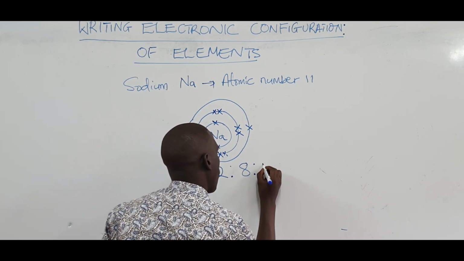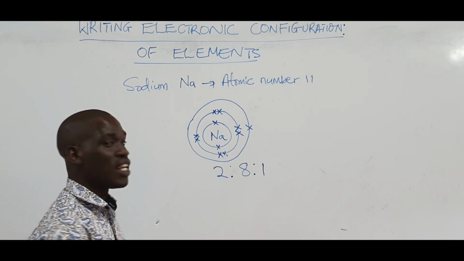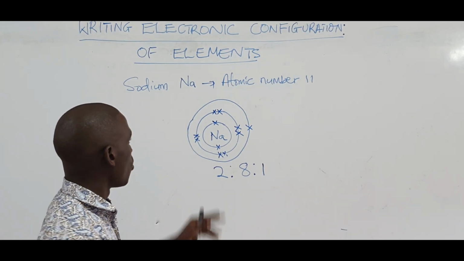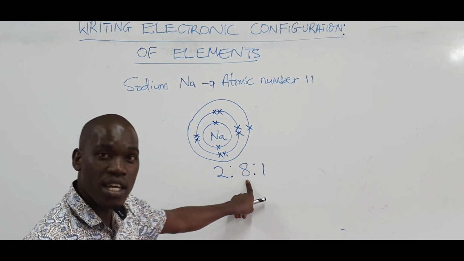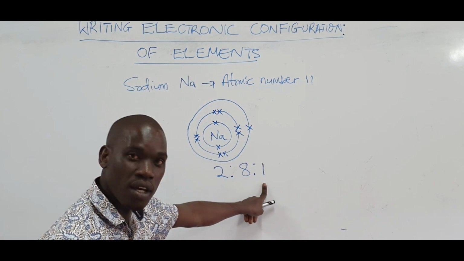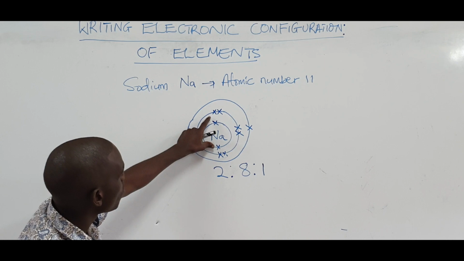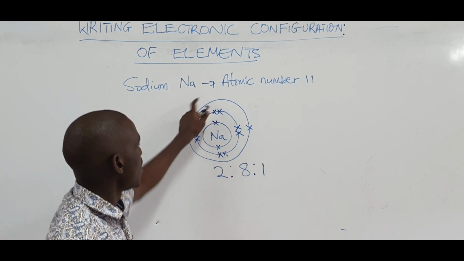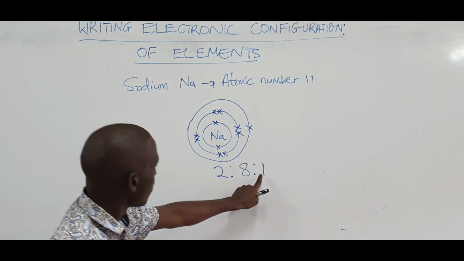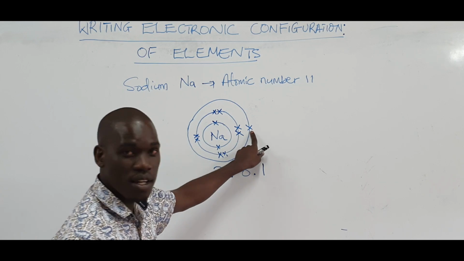It is having 1 electron. It implies that the electronic configuration of sodium is 2, 8, 1. This means the 2 electrons are in the innermost shell, then the 8 electrons are in the next shell, then the last shell has got 1 electron.